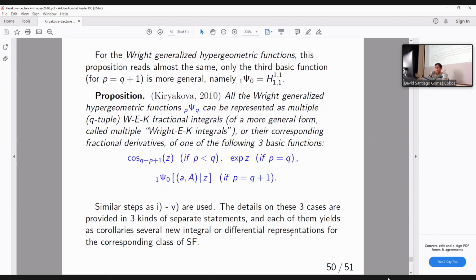Then for the more general case of the P psi Q function, it is the same result, only the third function here is not the beta function but a little more specific special function, 1 psi 0, but the same idea and the same results are repeated, yes.